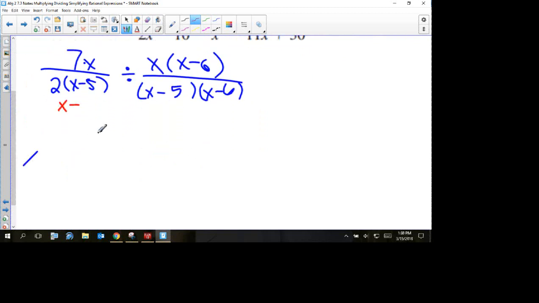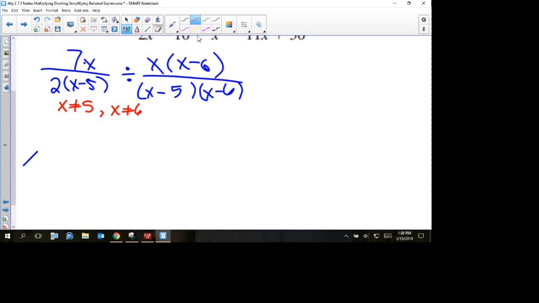I have x cannot equal 5. The 2 doesn't matter, because there's no x there. X over here also cannot equal 5, so I've already written it in, I don't need to write it twice. What can x not equal right here? So x cannot equal 6. So there's just some restrictions that we have.